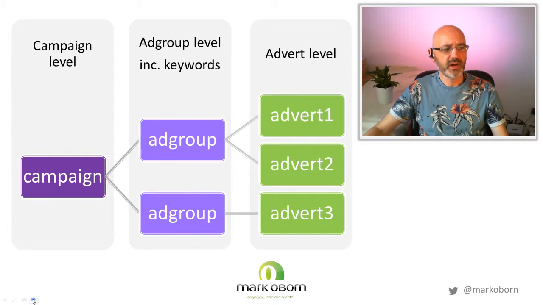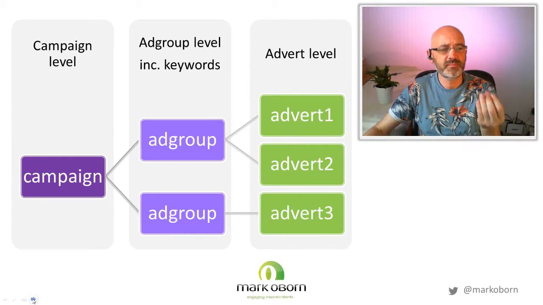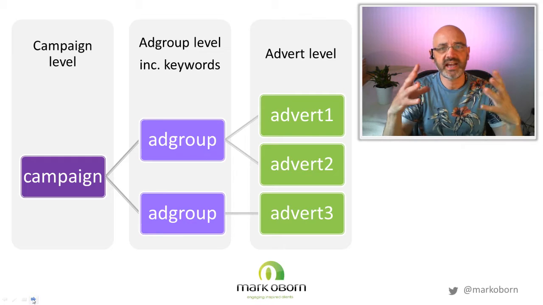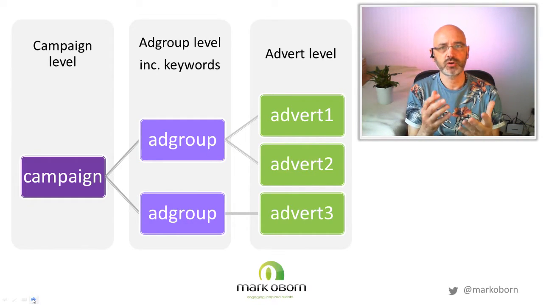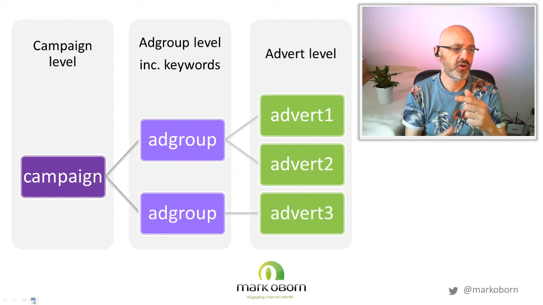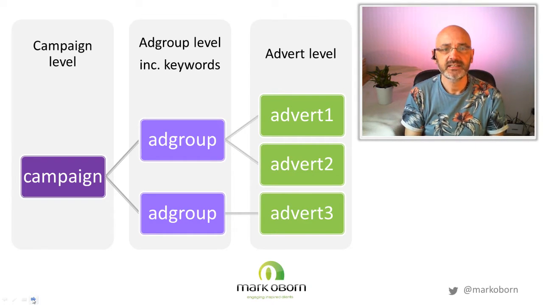We're going to look at the basic setup first, just to run you through the very basic way a campaign is structured within Google AdWords. As you can see here on the screen, we have the basic campaign.